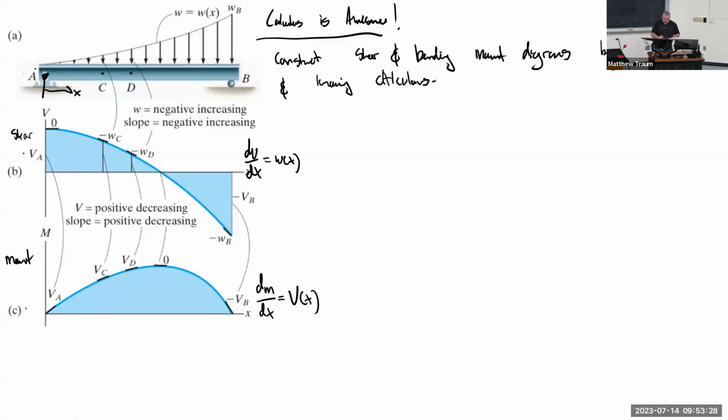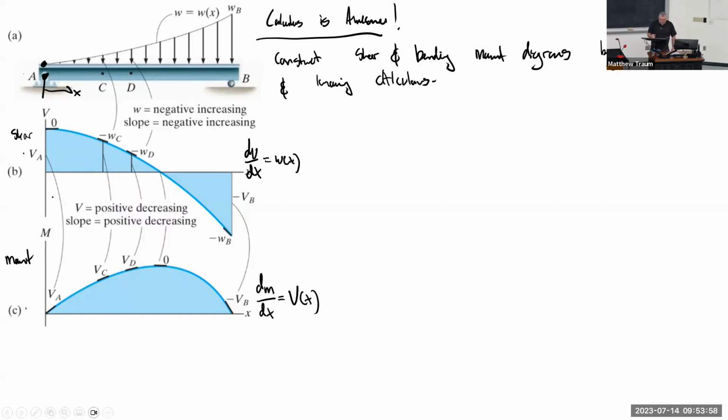If I look at this function of x, and I remember that that function of x is just the derivative of the shear diagram, I can figure out what the shear diagram is doing just by interpreting the derivative. So for example, at this spot to the far left, the function w of x is 0. And so we expect the slope of the shear diagram to be 0, right? Because w of x is 0 there.